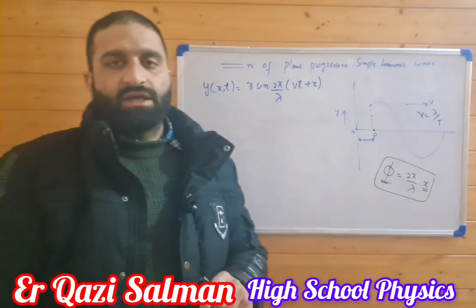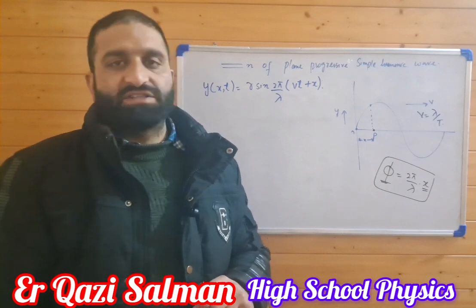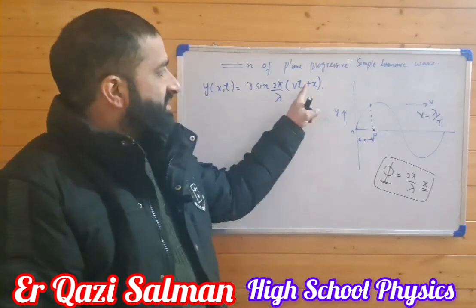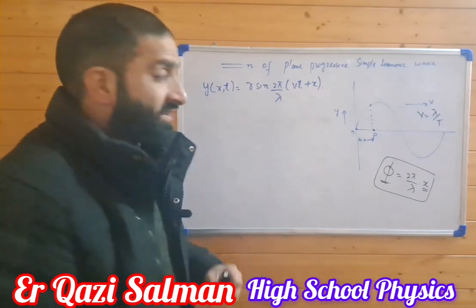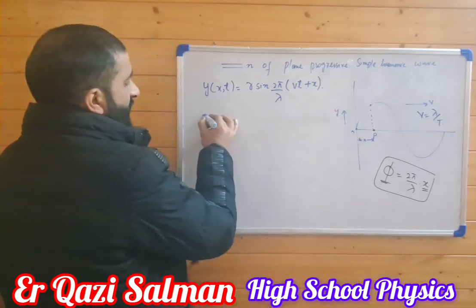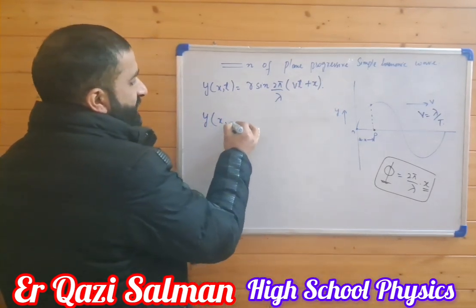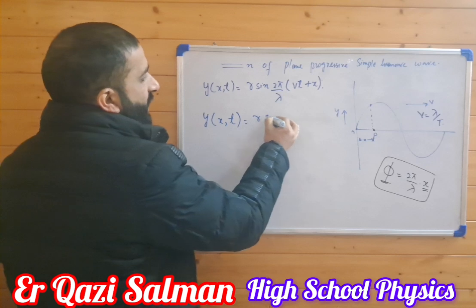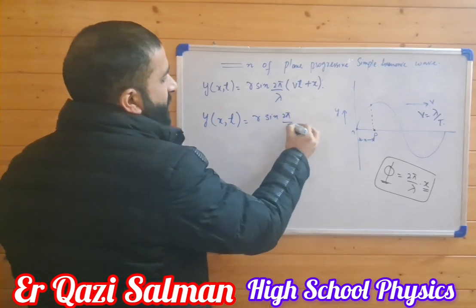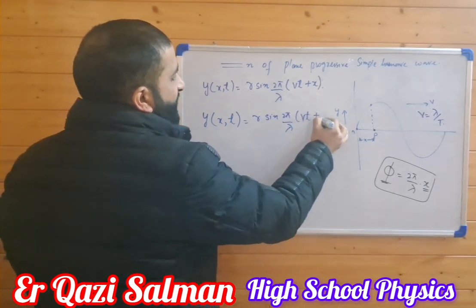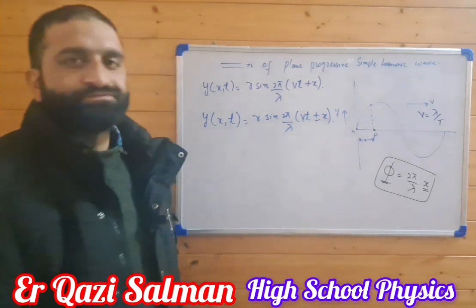It is the equation of a plane progressive wave in the negative x direction, and in the positive x direction this plus is replaced by the minus. So the general form of a plane progressive simple harmonic wave traveling in the x direction is r sine of 2 pi by lambda into vt plus or minus x.